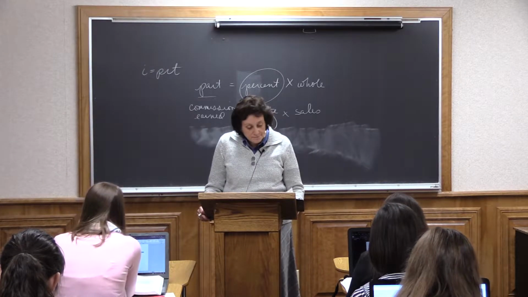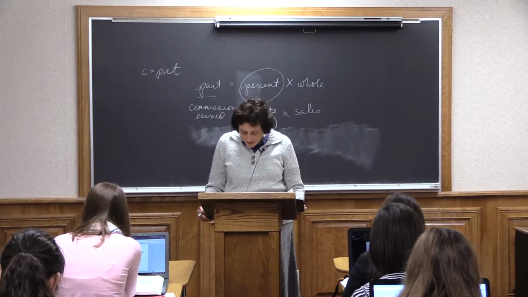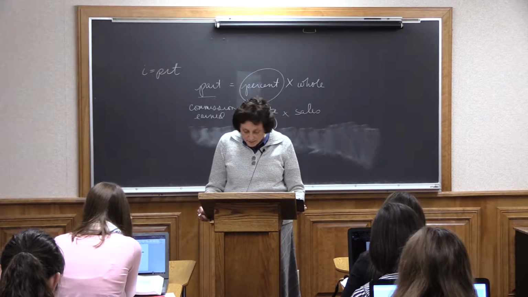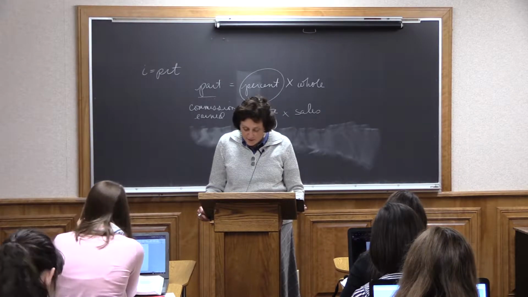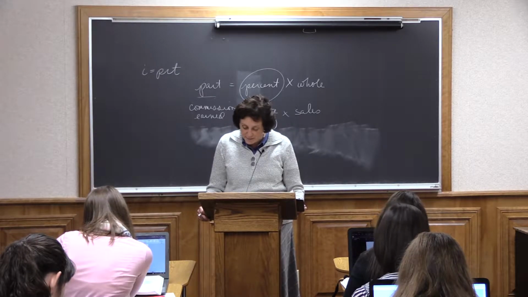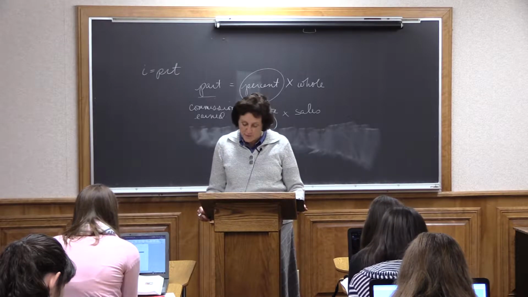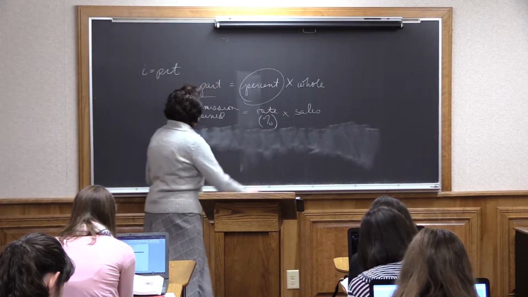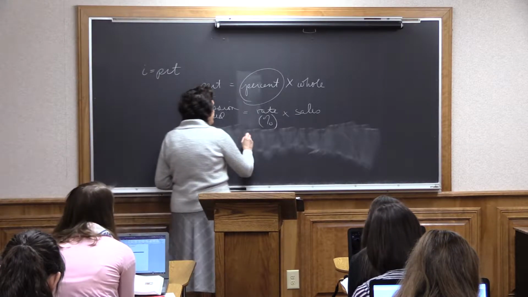And then with commission, you can see, here's an example on number 10. Carlos receives a commission of 12% of his weekly sales as a sales representative for a medical supply company. Find the commission he earned during a week in which his sales were $4,500. Well, what is his commission? There's our unknown.